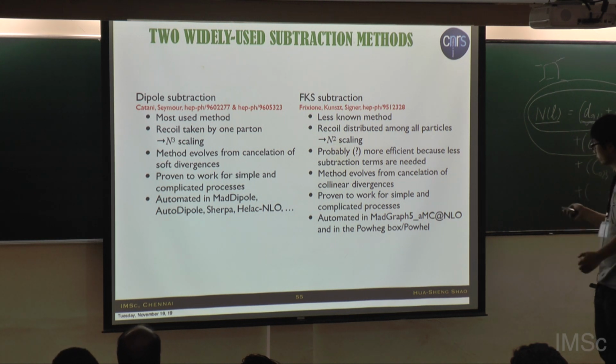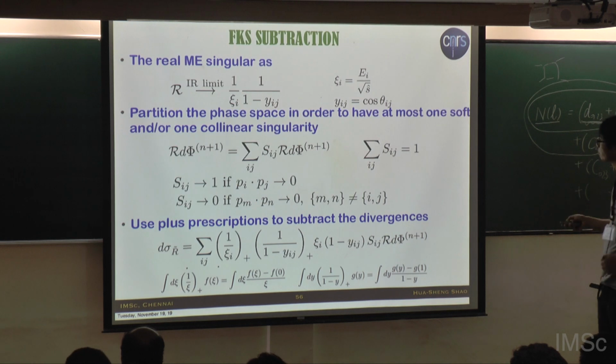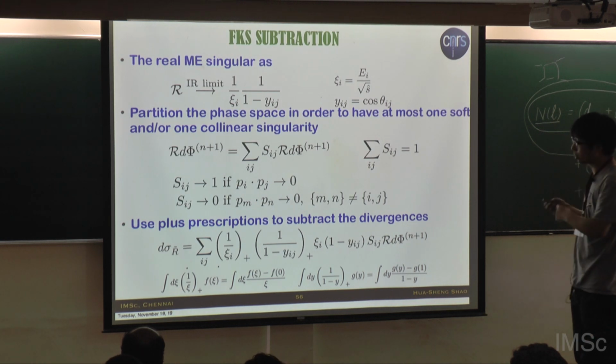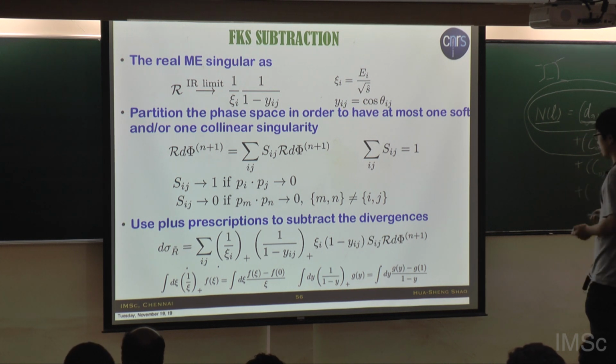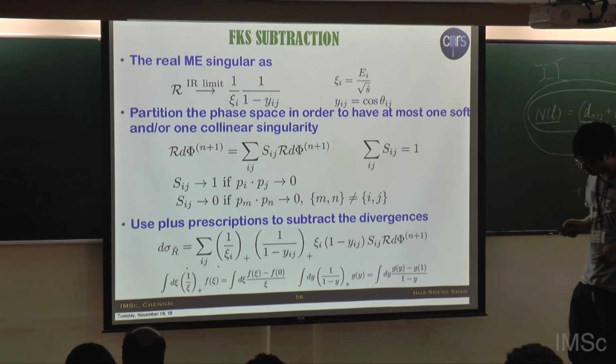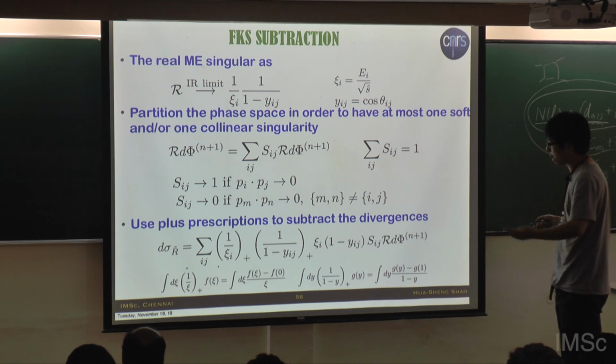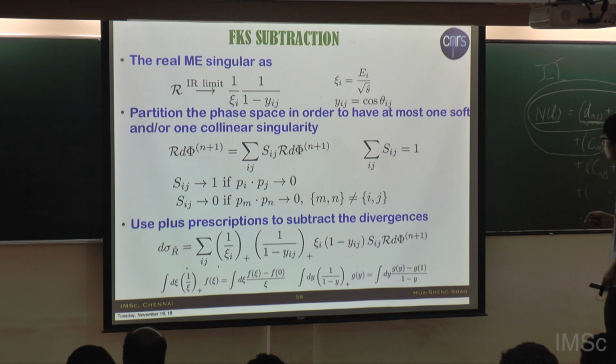So several tools are being used. Most use the dipole, but some also use FKS. I will not introduce dipole, but I will introduce FKS because MadGraph implements FKS, and they typically yield the same result. There's nothing different, right? The method may differ, but the result is always the same.